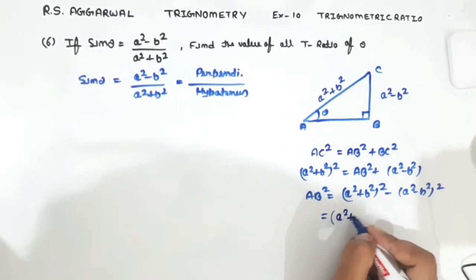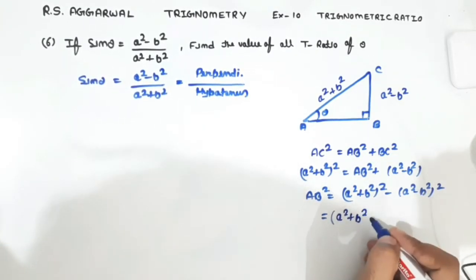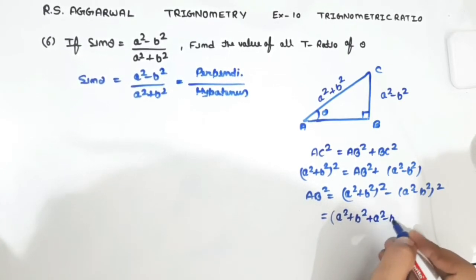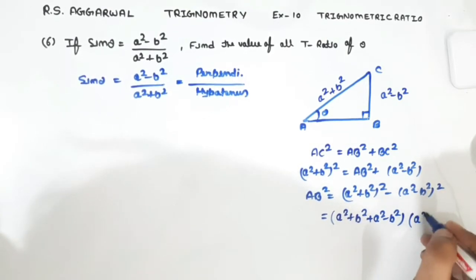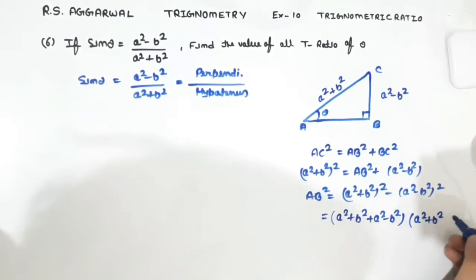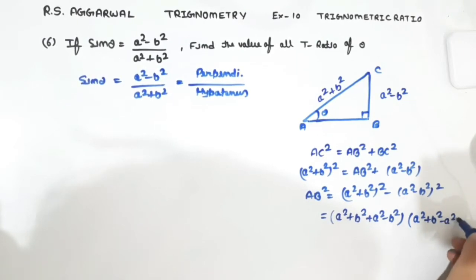So (A square plus B square plus A square minus B square), first bracket A plus B, second bracket A minus B, (A square plus B square minus A square plus B square).